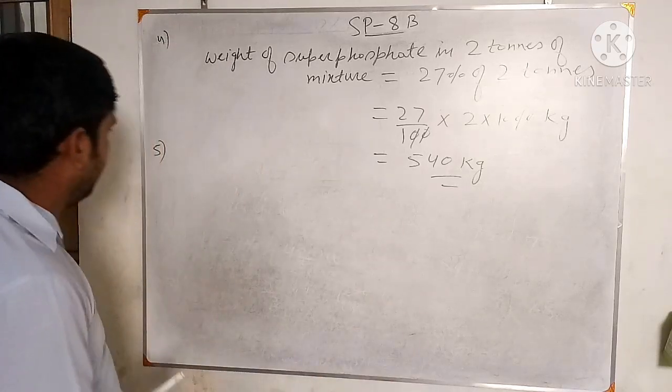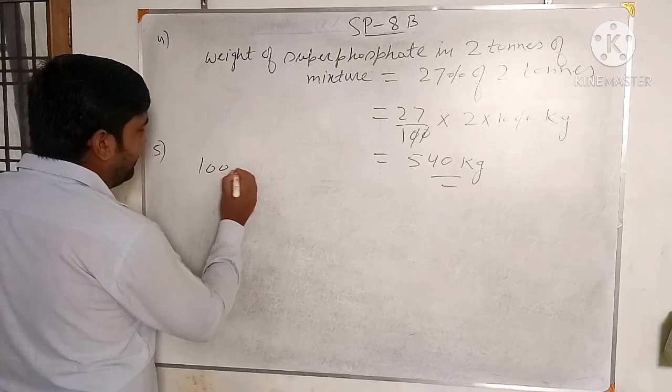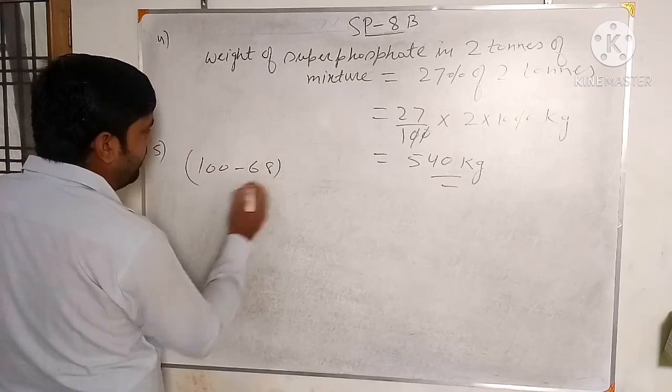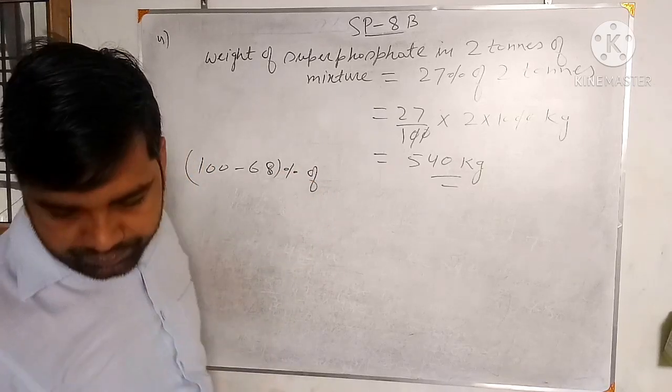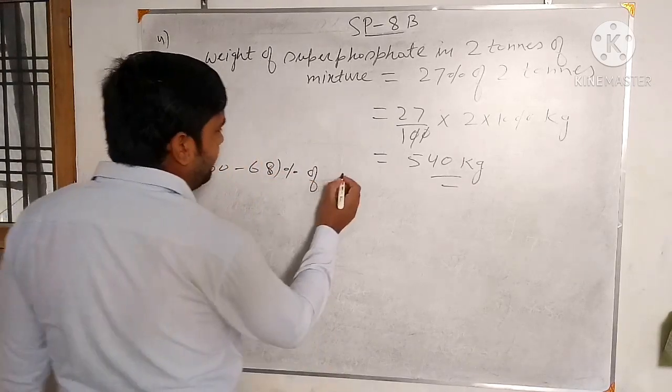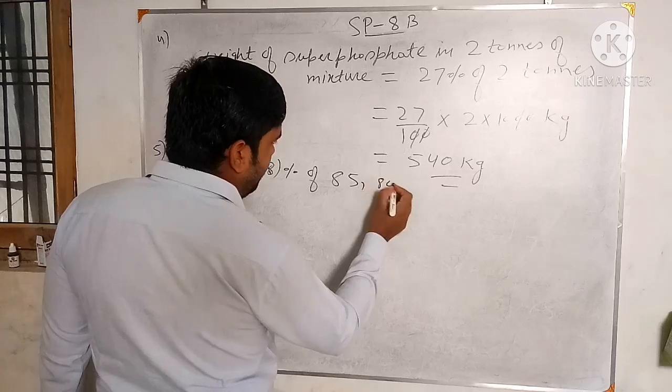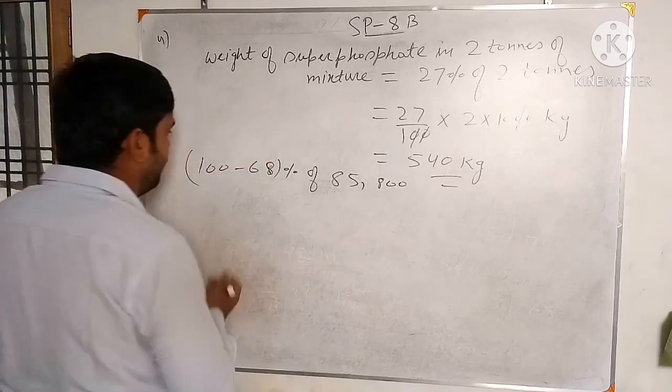So how do you find it? 100 minus 68% of 85,800 voted no. So how do you write it?